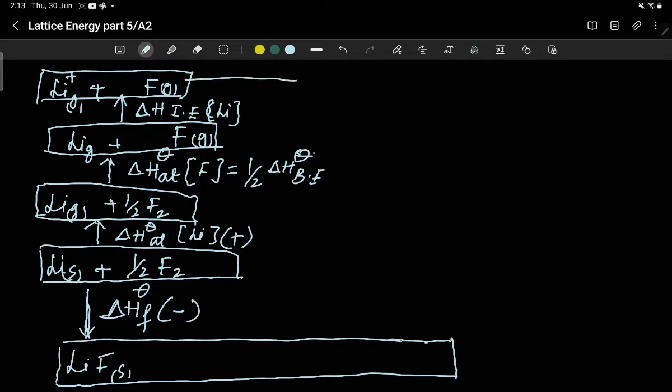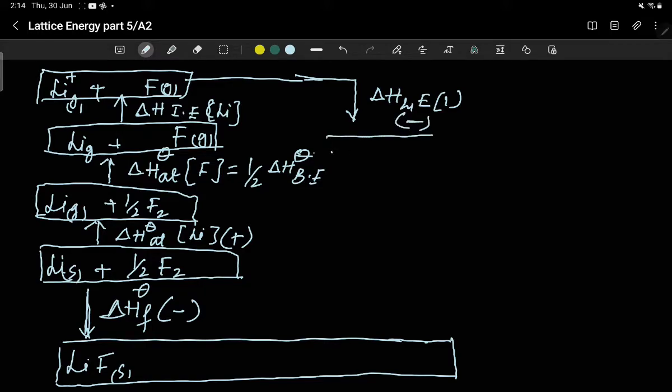Now there is another enthalpy change, that is lattice energy. We change fluorine gaseous atom into fluoride ion. First lattice energy, which is always negative, exothermic.